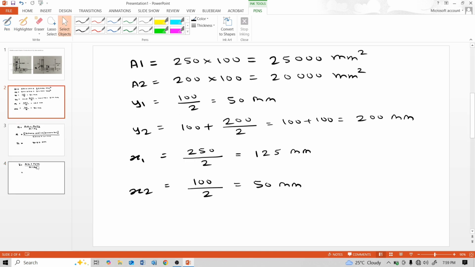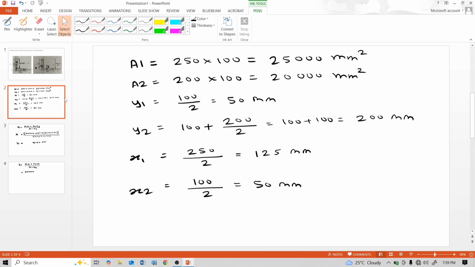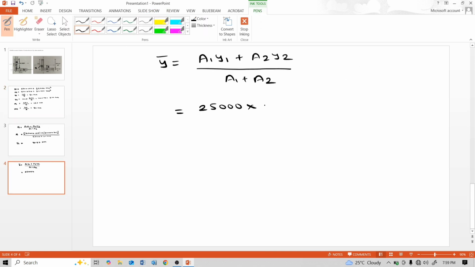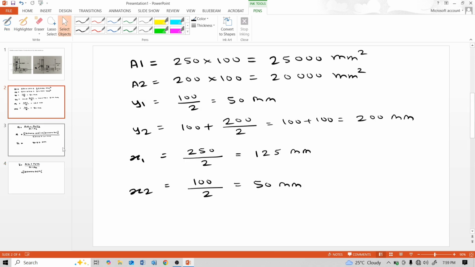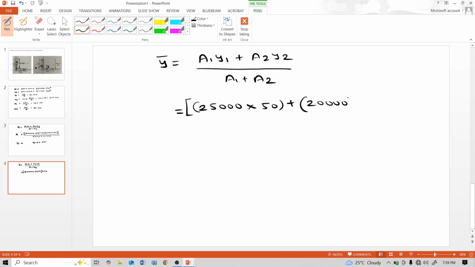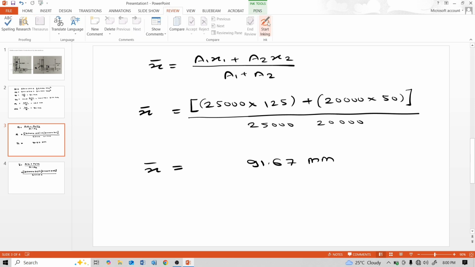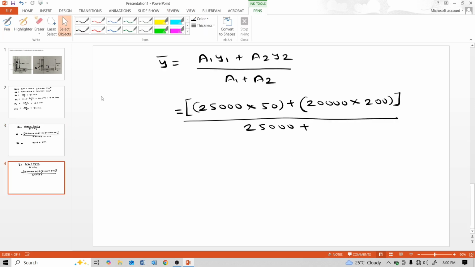A1 is 25,000 multiplied by y1, which is 50 mm, plus A2, which is 20,000, and y2 is 200 mm, divided by 25,000 plus A2, which is 20,000.